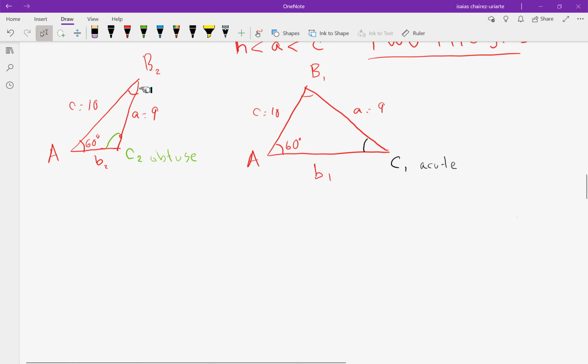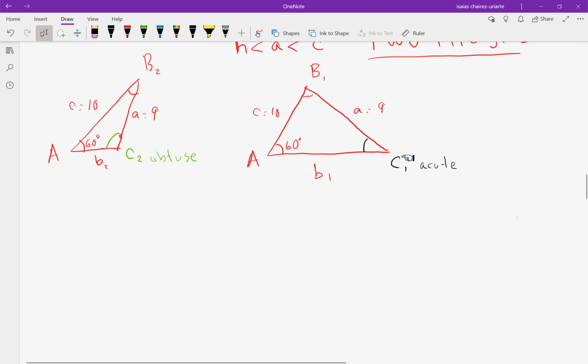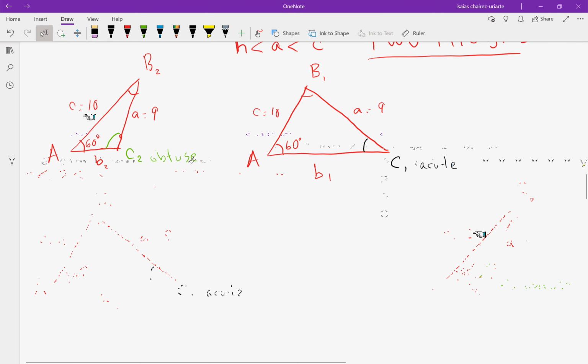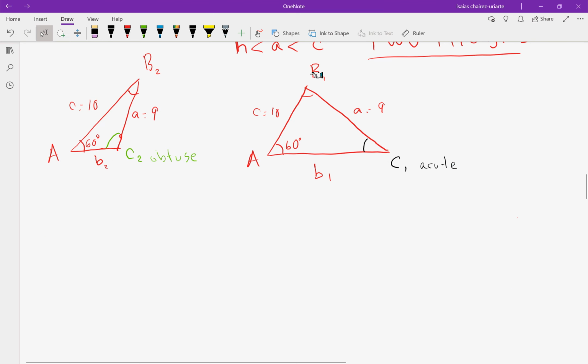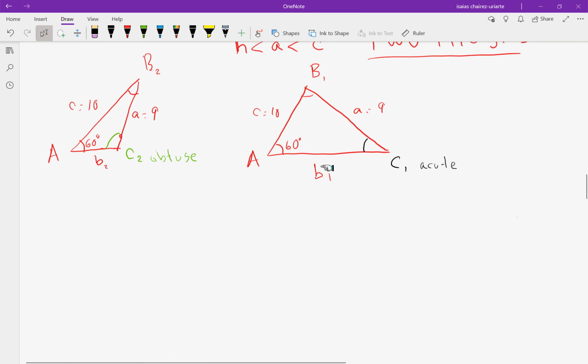And well, think about it. I was given side length C. So I could maybe start trying to find the angle C1 or C2 because I know side length C. Whereas I would not want to start playing with angle B or side B because I have no information about either of them.